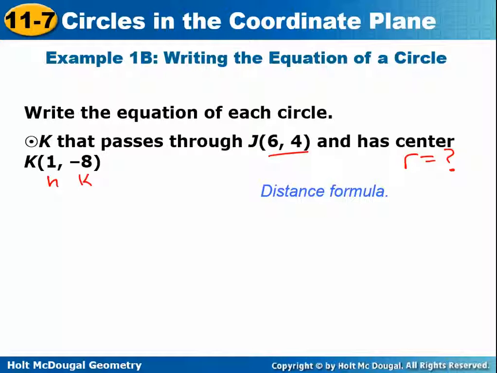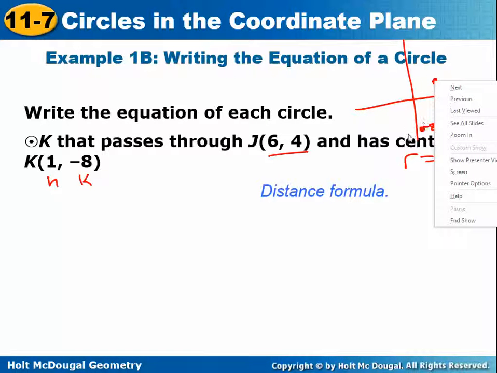Let me sketch this, and it's going to be ugly. The center is at (1, -8), and it passes through (6, 4), over 6 and up 4.